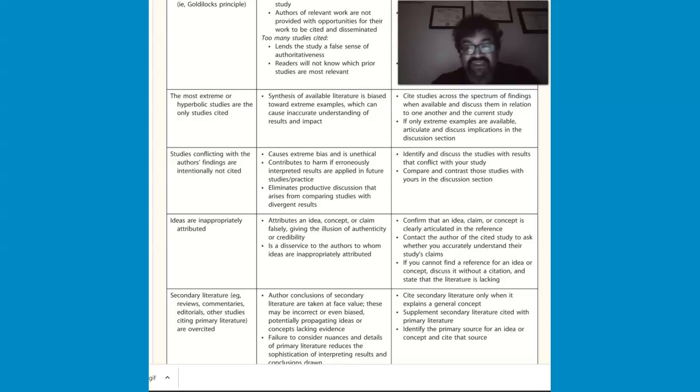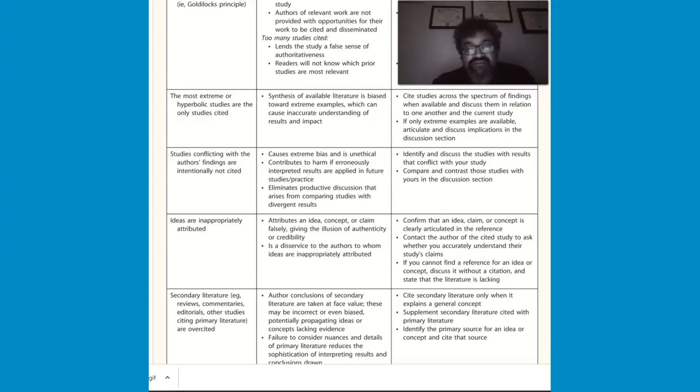And sometimes I'll see studies where smaller significance is enhanced in a way that it seems more, but in fact it's not. And studies conflicting with the author's findings are intentionally not cited. That's an intentional exclusion of conflicting articles. That's definitely not something that is even ethical.